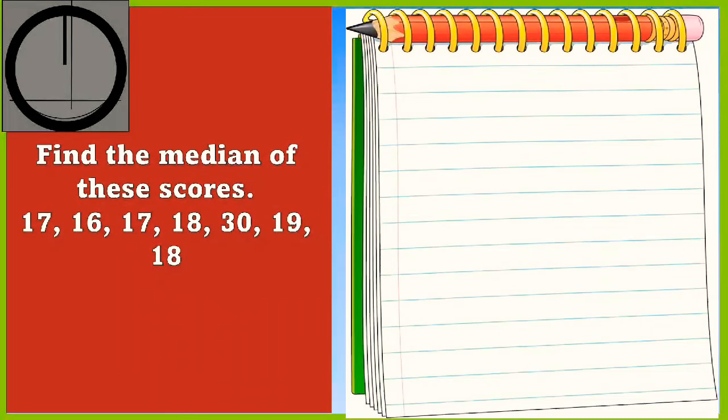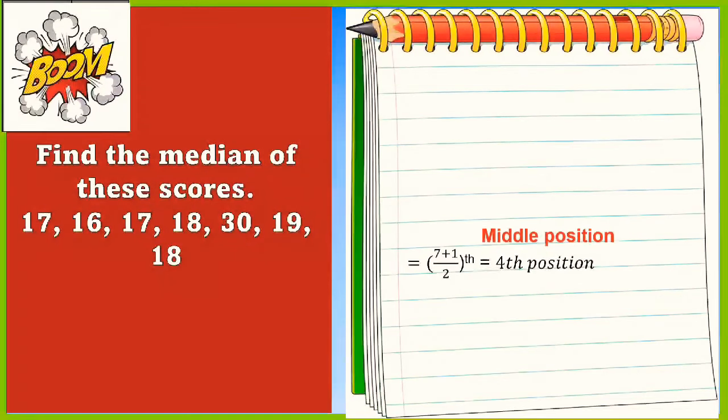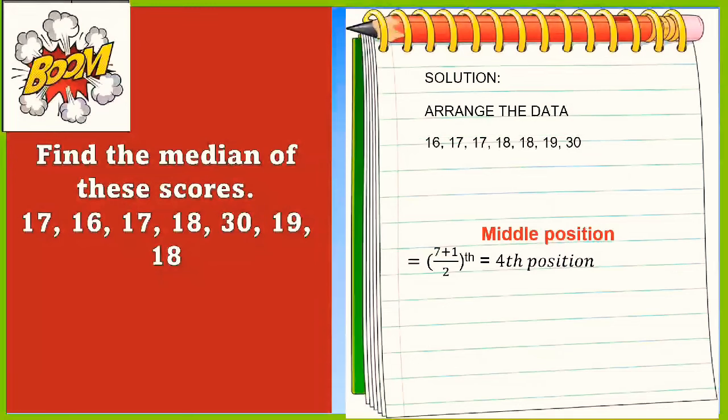How about this example? Find the median of these scores: 17, 16, 17, 18, 30, 19, and 18. The first thing to do is arrange the data in ascending order. So we have 16, 17, 17, 18, 18, 19, 30.